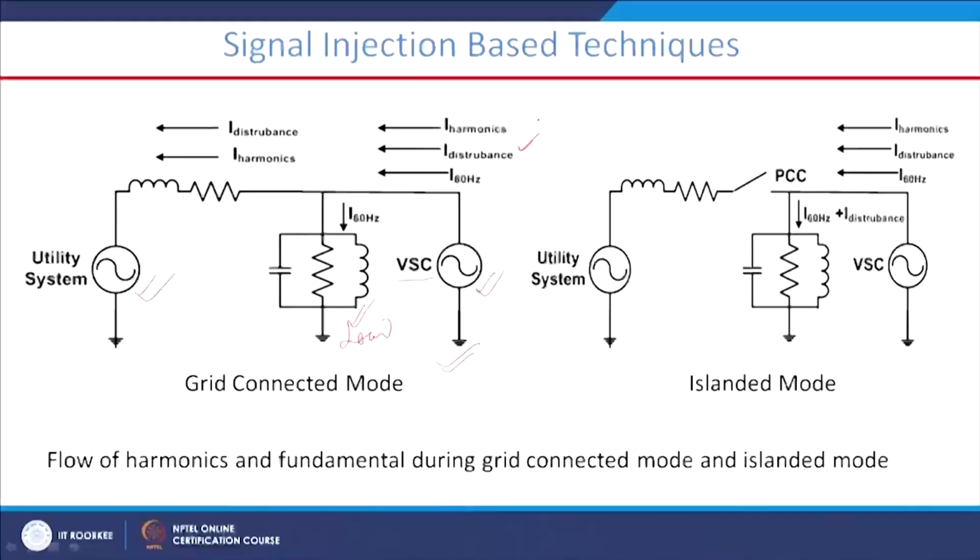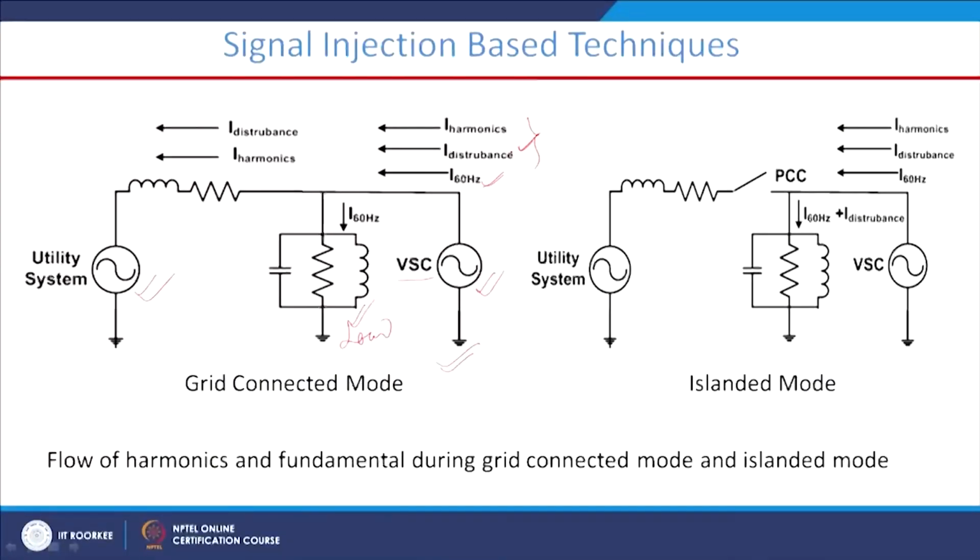If our fundamental frequency is 60 hertz or 50 hertz, we inject a disturbance signal of 30 hertz. These are the harmonic currents, which appear due to the presence of nonlinear loads or electronic components in the circuit. Renewable sources have electronic components, so harmonics are present in the system, and this is our fundamental signal, I 60 hertz or I 50 hertz.